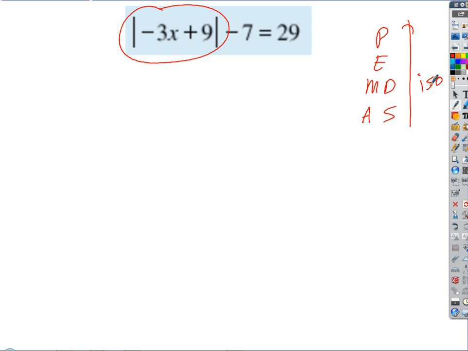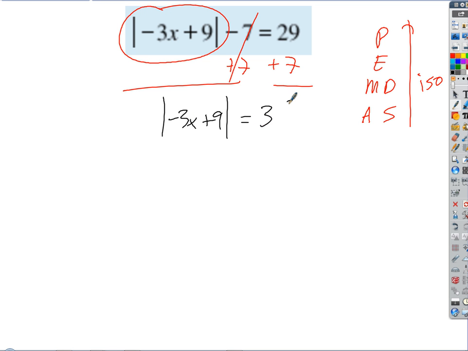So I have to undo any addition or subtraction first. We're subtracting 7 from it, so we would add 7. So that goes away, and we end up with the absolute value of -3x plus 9 equals 36.